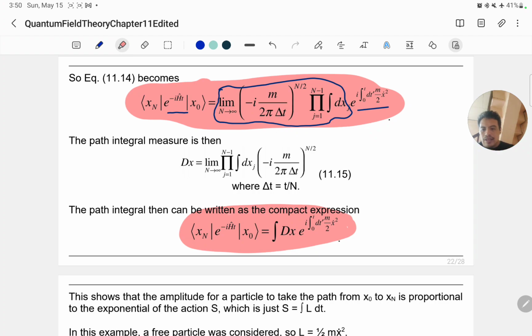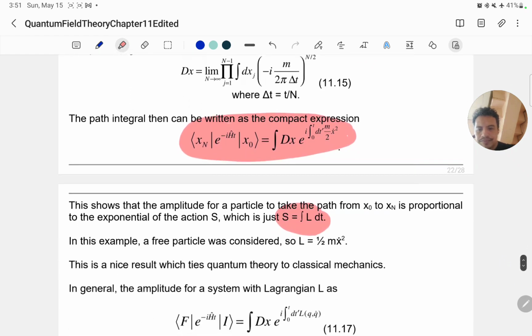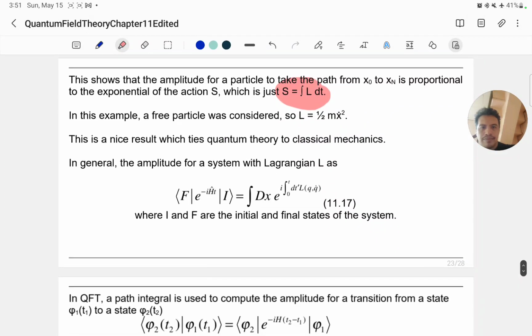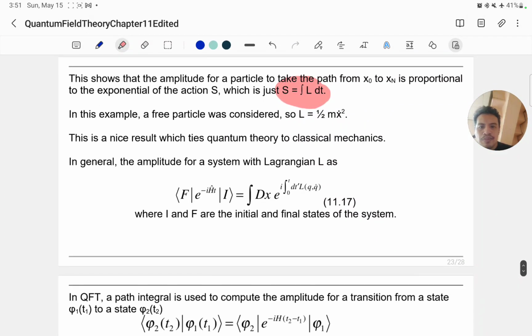So in this case, this shows that the amplitude for a particle to take the path from x0 to xn is proportional to the exponential of the action S, which is just this one. And the free particle, by the way, was considered to have a Lagrangian of 1/2 m x dot squared.